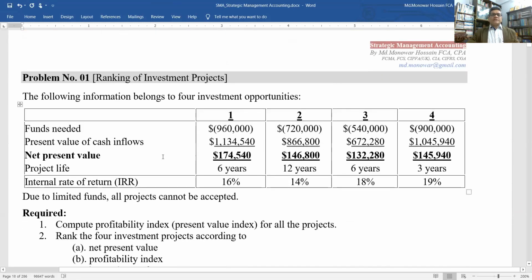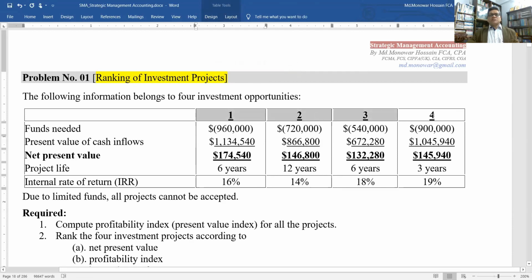Okay, so here is problem number 1, the ranking of investment projects. Think that here 4 projects are given. Fund needs are 960,000, 720,000, 540,000, 9,000. Present value of cash inflow is all calculated.